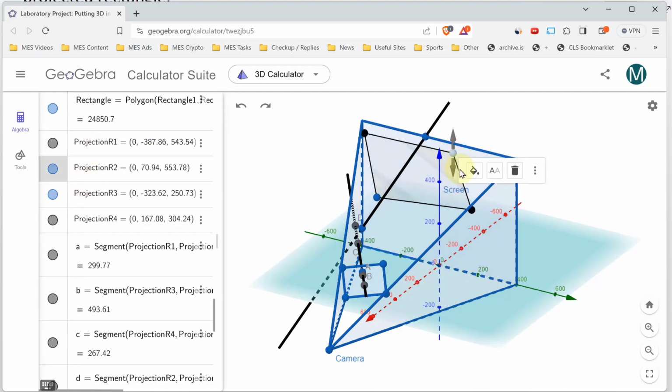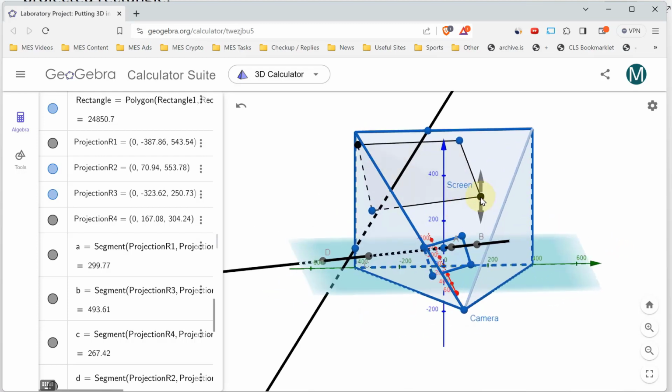Then if you click this one, it highlights R2 and so on. And you can just hide it. So R3 is here, and this is 0, negative 323.62, and then 250.73. There is R4, that's 0, 167.08, and then 304.24. So that's the bottom one there. You've got to go through to see it. Okay, there it is. So that is the bottom.